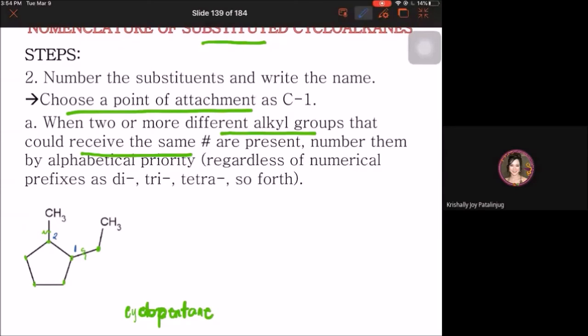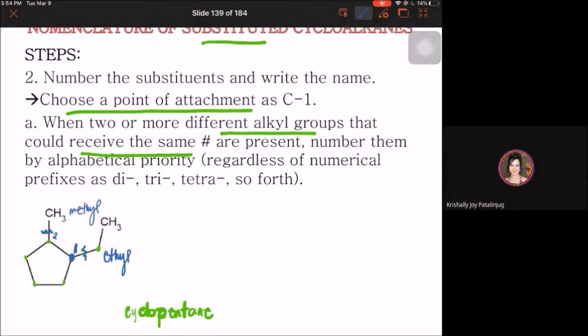That will be our priority, first by alphabetical order. So, this will be our numbering. This is the correct carbon 1, because this is ethyl. This would be carbon 2 because this is methyl. Alphabetical order, right? Ethyl comes before methyl.